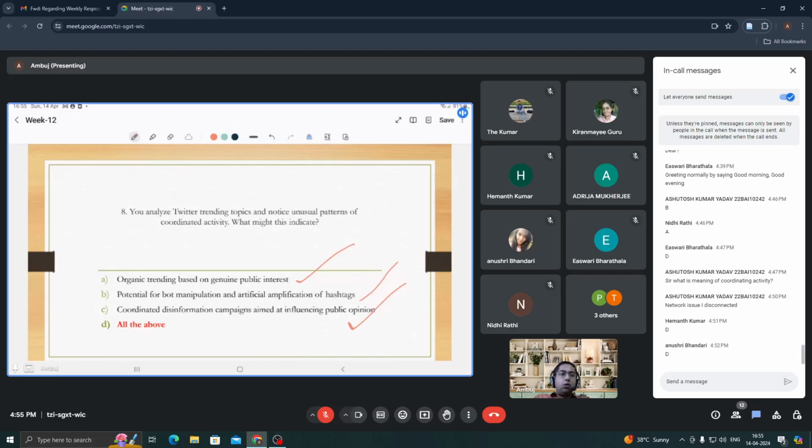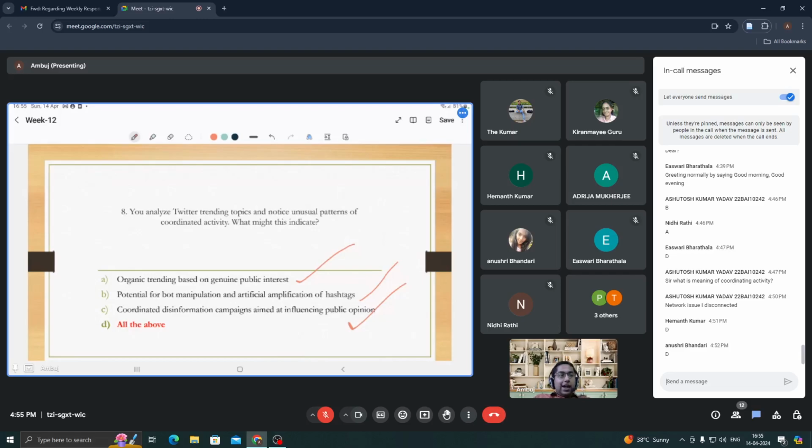I have taught you this concept: any information, whether false or true, when it is repeated through many sources and many times, then the public opinion about it changes and they tend to think it is correct.